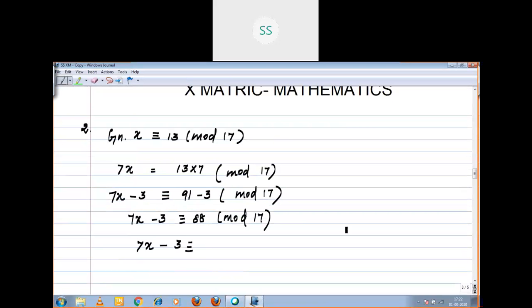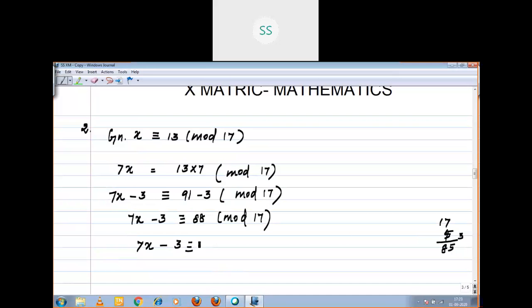When you divide by 17, what is the remainder? That you have to write here, right? 17, 88, how many times? 17 5s are 85.